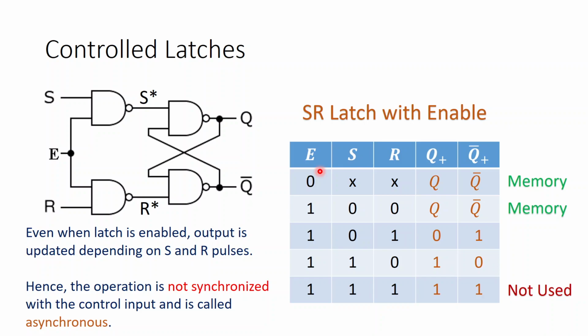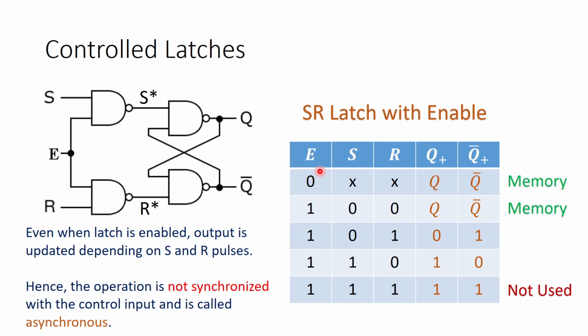And when we are not able to change the output based on the change of the control input, then it is asynchronous. That means the output can change no matter how the control input is changing.